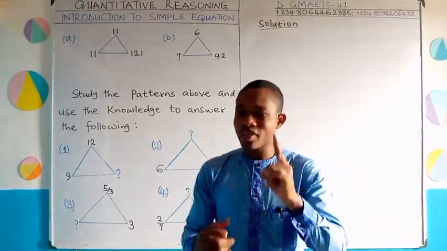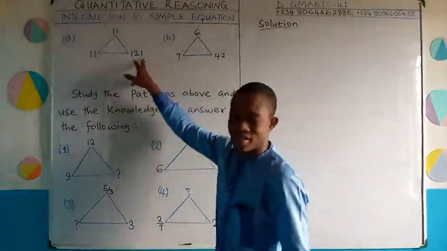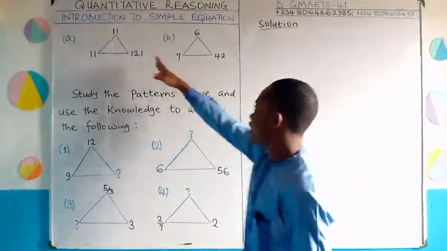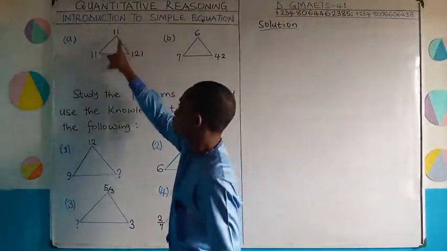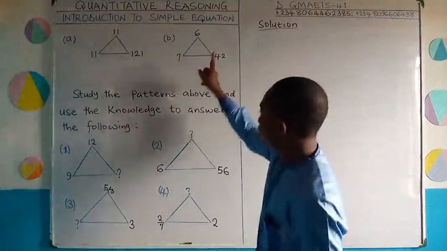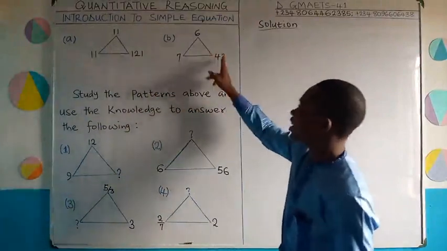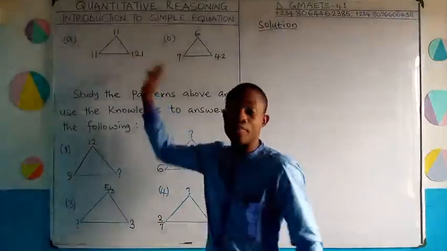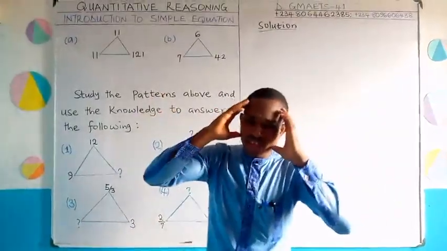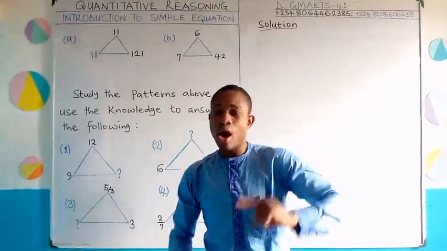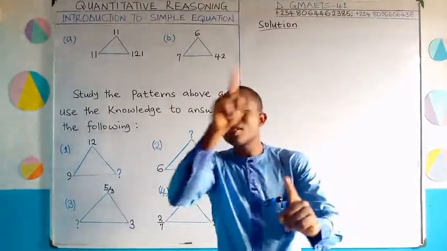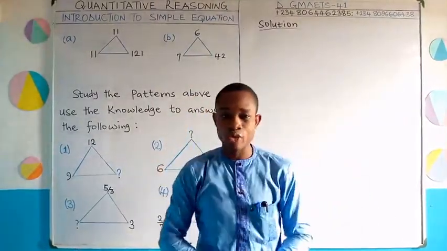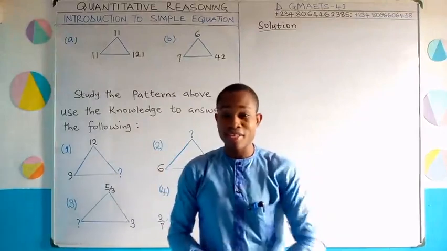It is best most times to try to get the biggest number. So here, I will use these two numbers to get this biggest one. And here also, I'll use these two numbers to see if I can get this biggest one. And remember, after studying one of the samples, if the reasoning makes sense to me, I will go to the second sample, follow the same pattern I read the first sample to confirm if my reasoning is correct.